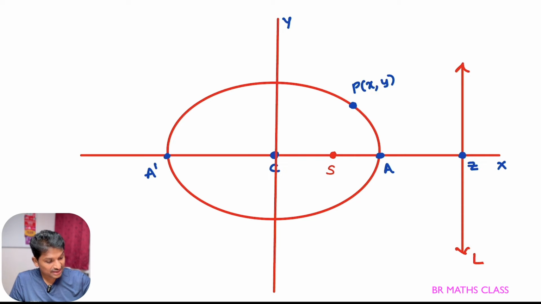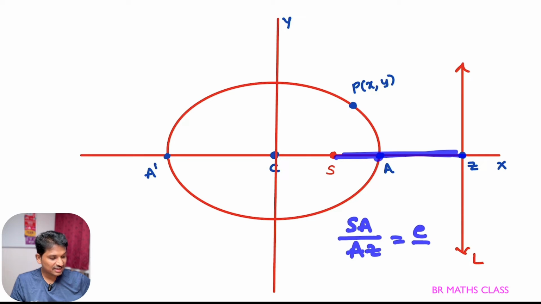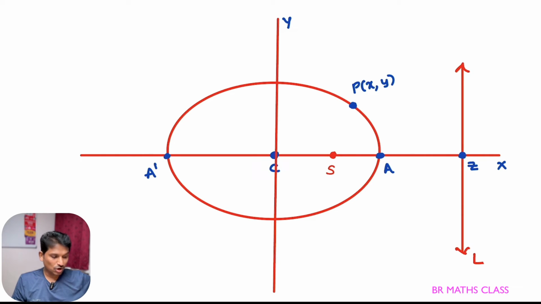Here what is A? A is a point which divides SZ in the ratio E is to 1 internally, right? So what we will write? SA divided by AZ is E is to 1, which we can write as E by 1. And what about A dash? A dash is a point which divides SZ in the ratio E is to 1 externally.